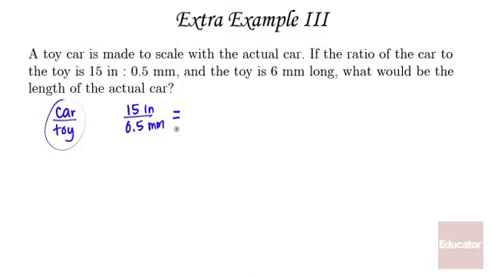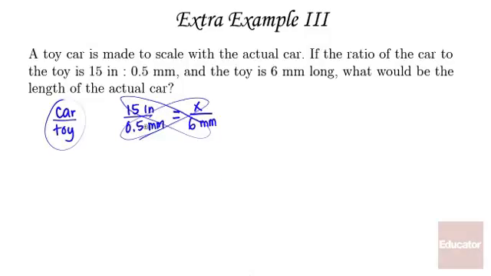And then again, I'm going to create a proportion. The toy is 6 millimeters. So that's the toy number. I'm going to put that on the bottom. What would be the length of the actual car? So that's going to go on the top, x. Okay. Now again, I'm going to cross multiply.